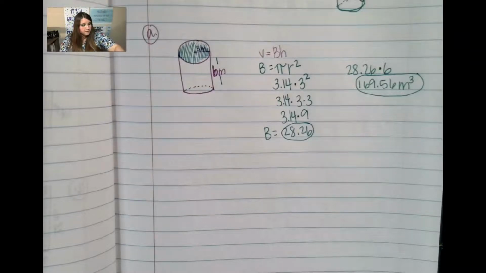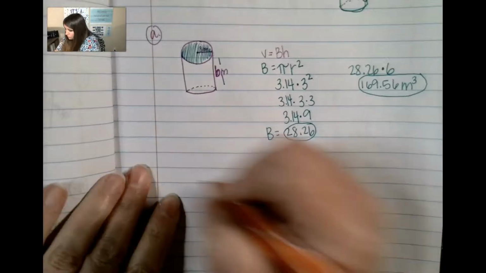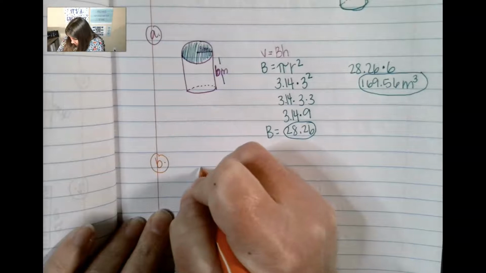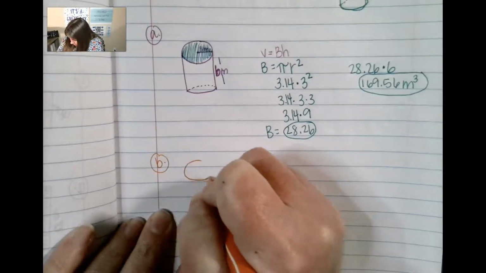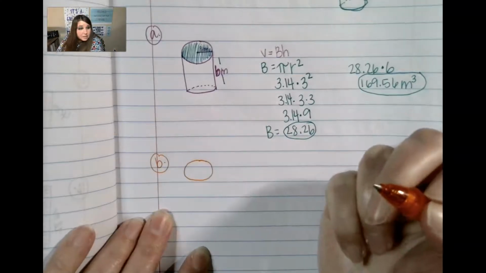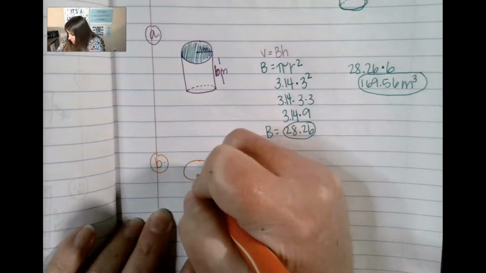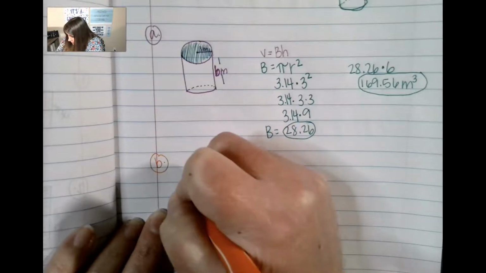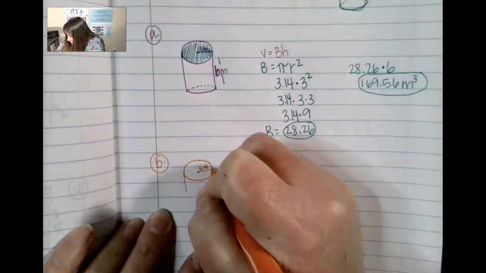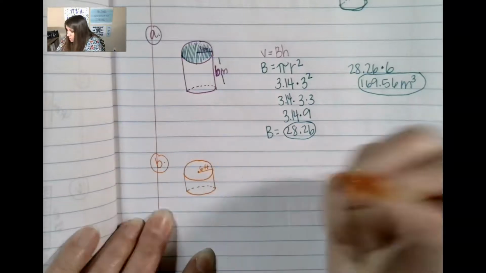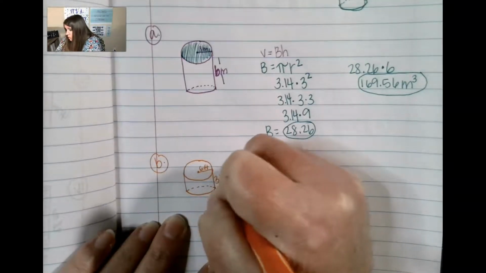So example B, we're going to have another can or cylinder, and the radius is 6 feet. There we go. And the height is only 3 feet, so this one's kind of short compared to it being wide, so 3 feet tall.